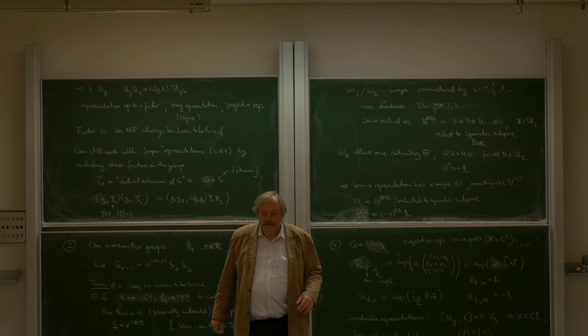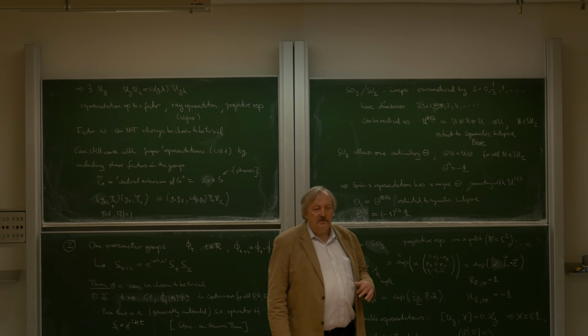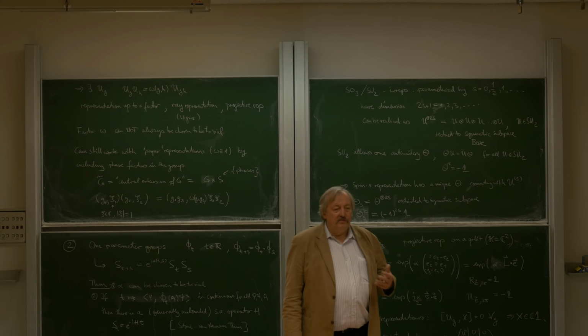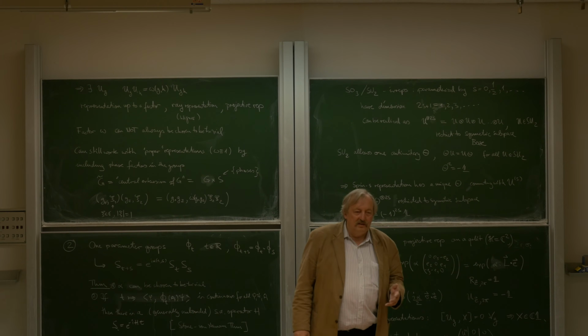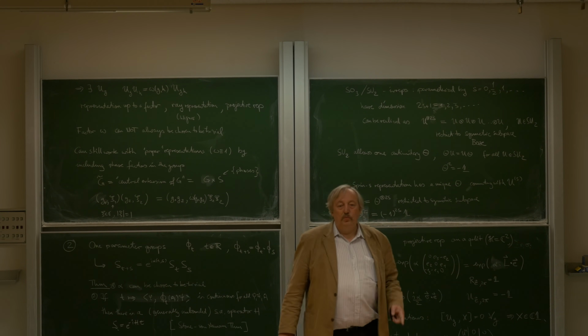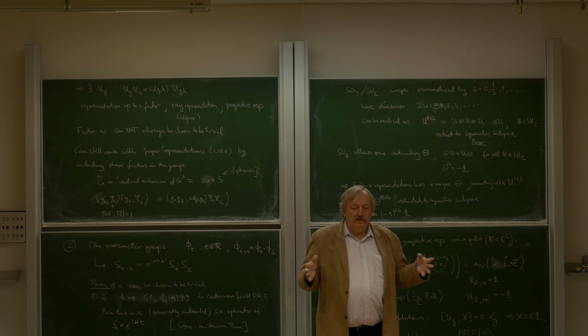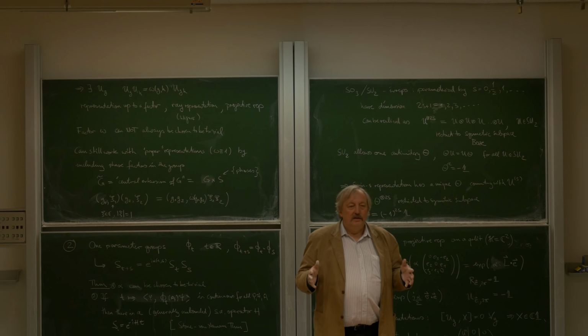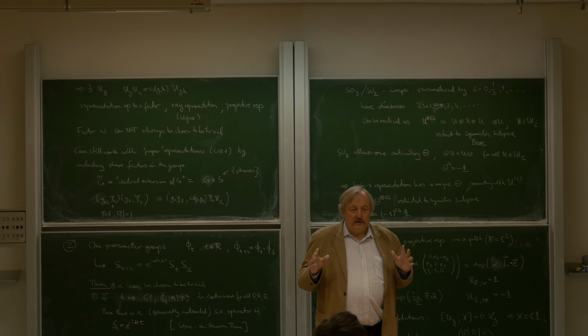So that means that for integer representations, S is integer, then 2S is even, and this squares to 1. That is, if you have an integer spin representation, it commutes with a suitable anti-unitary operator, this particular anti-unitary operator, with square 1.